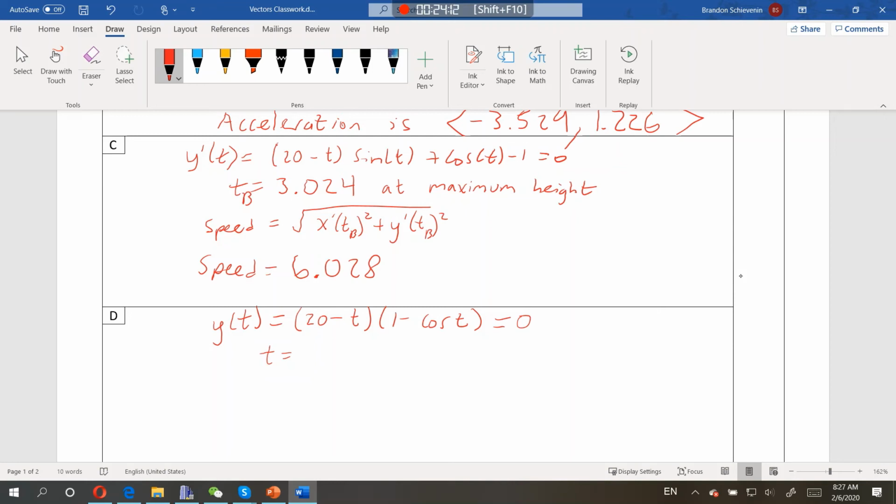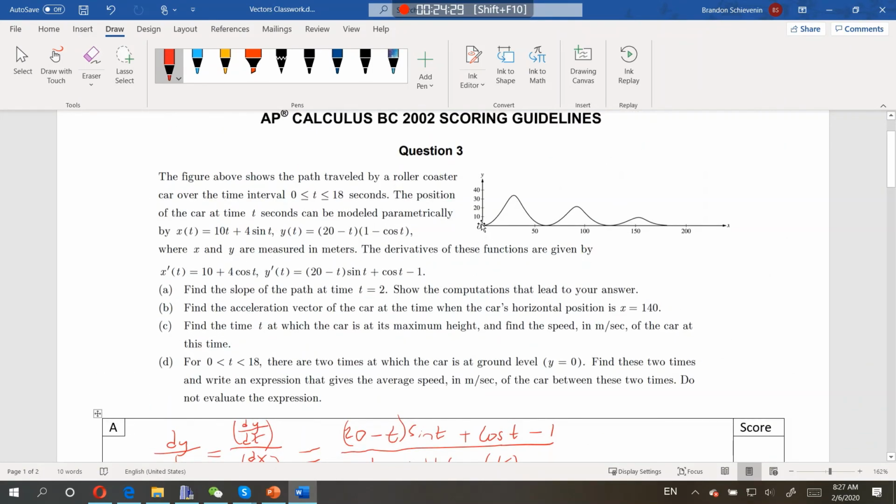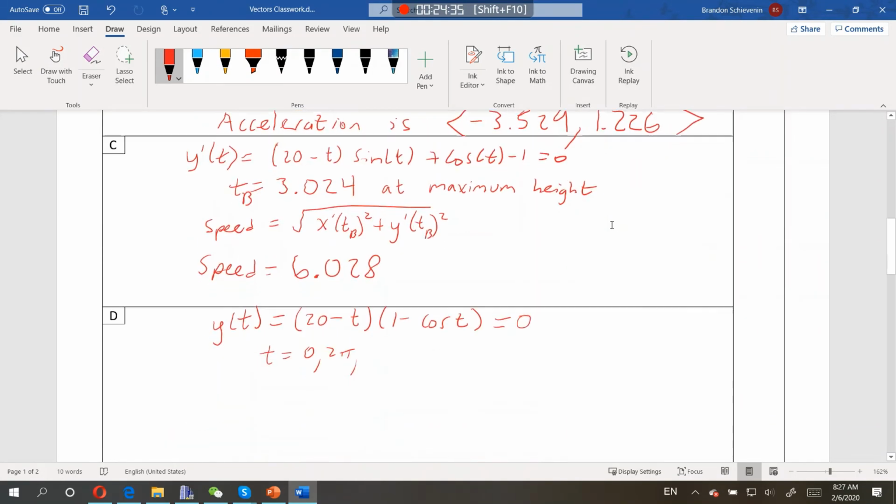Where is the cosine equal to 1? 0 and 2 pi. Okay, 0, 2 pi. That's 0. So that's 2 pi. And I need one more. 3 pi? No, 4 pi.